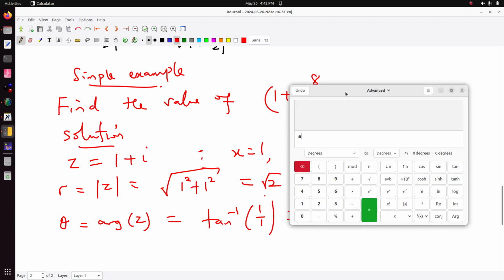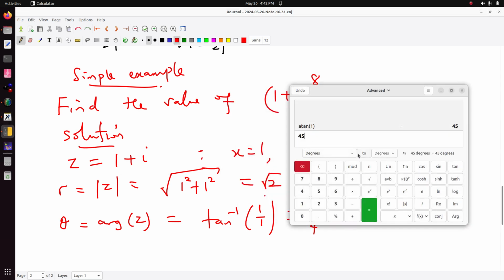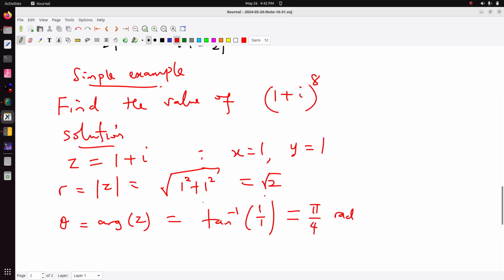Arctan of 1 is 45 degrees, and 45 degrees is pi over 4 radians. You can convert it to radians. So we have gotten our r and theta.